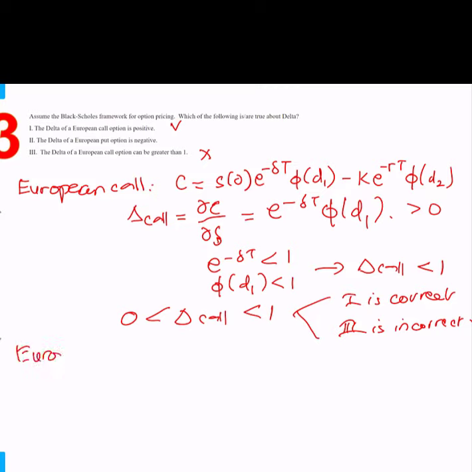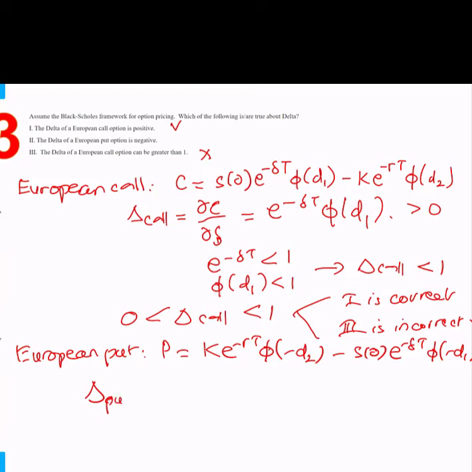Now let's look at the European put. For the European put, the put price is K e to the minus rT phi of minus d2 minus S0 e to the minus delta T phi of minus d1.